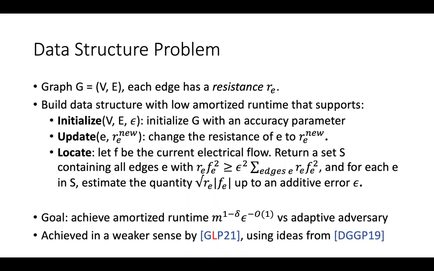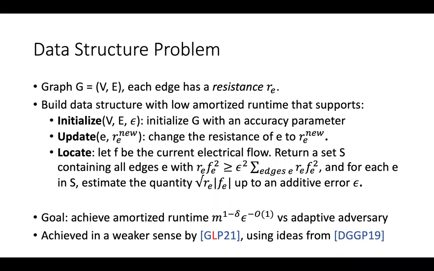Our goal is to achieve an amortized runtime of m to the 1 minus delta for some positive delta, and then epsilon to the minus O of 1. And it would be important that this data structure works against adaptive adversaries in some sense. So an adaptive adversary is an adversary which makes future queries depending on previous responses.